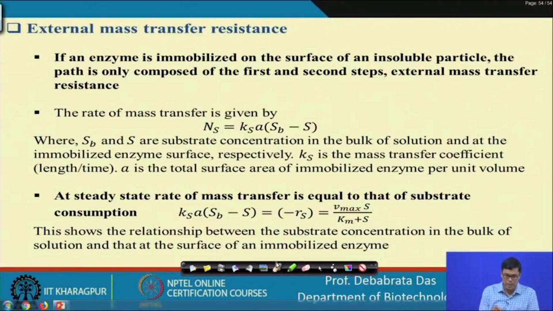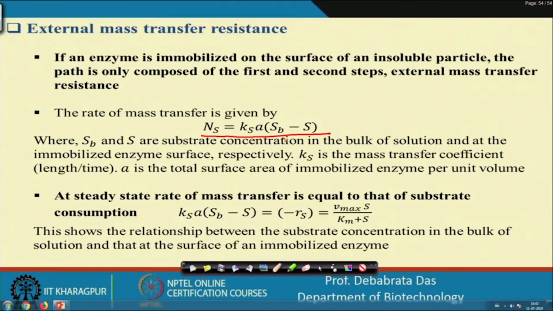Now here you see that the rate of mass transfer can be expressed by Ns equal to Ks A into Sb minus S. So what does it mean? Ks A is considered the volumetric mass transfer.